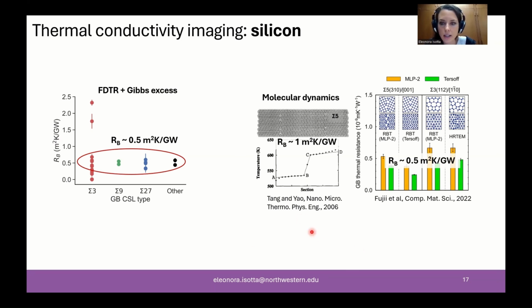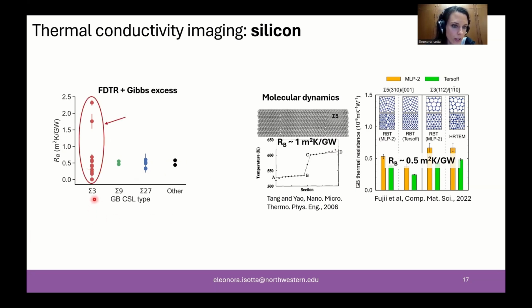We can see that the reports are relatively in agreement in terms of order of magnitude with what we are observing in this sample. Other reports are around 0.5 or 1 meter-square Kelvin per gigawatt. The other interesting thing that we notice about our experimental results is that, for example, for sigma 3 boundaries, we notice a very large spread of the excess resistance over more than one order of magnitude.